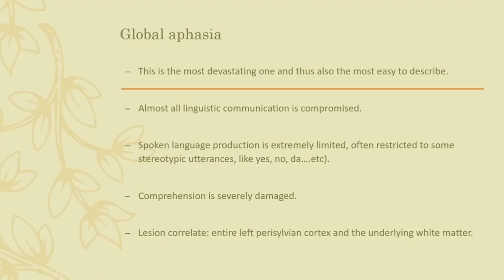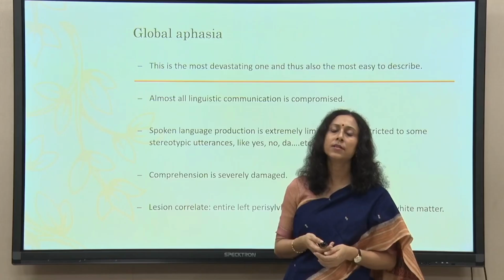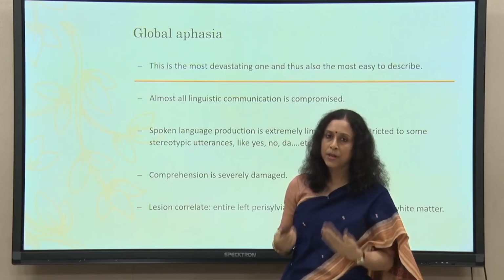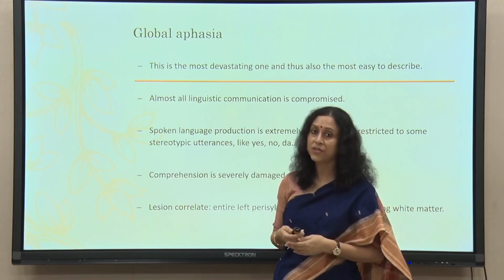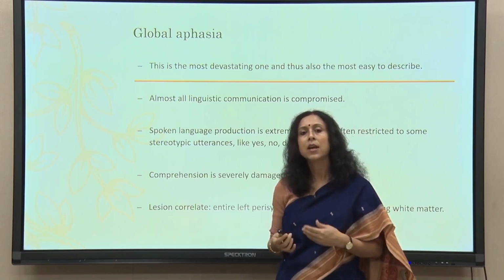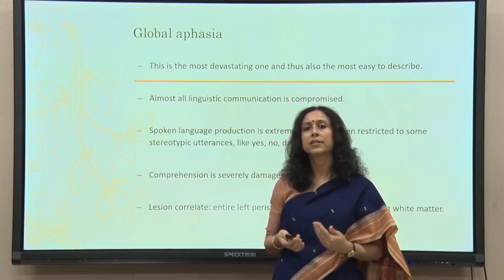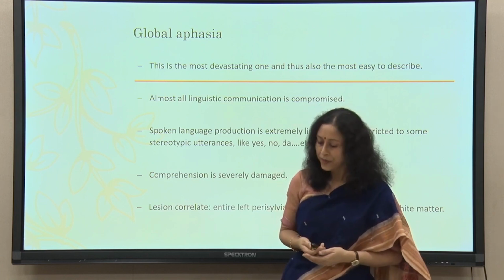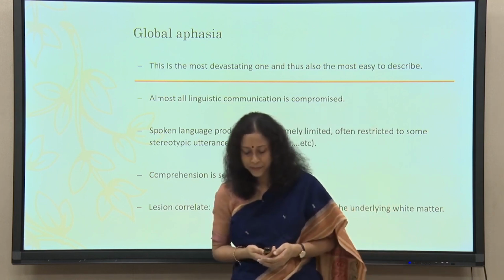Spoken language production is extremely limited, often restricted to some stereotyped utterances like yes, no, da and so on. Because the production repertoire is so restricted, they make some prosodic changes to those same words and try to use them for various purposes.